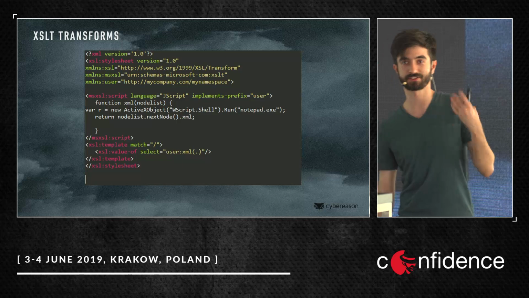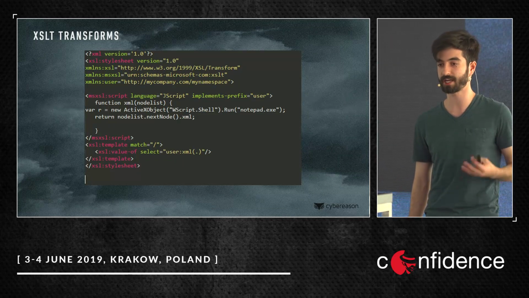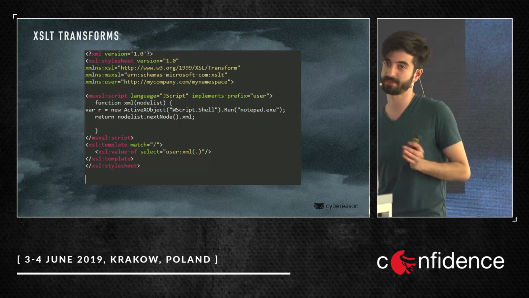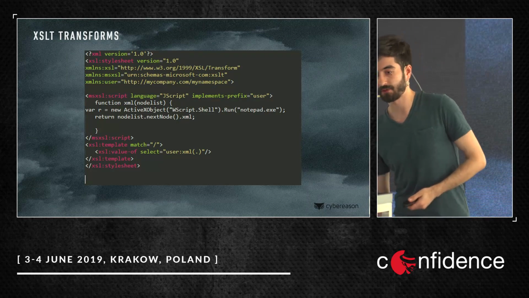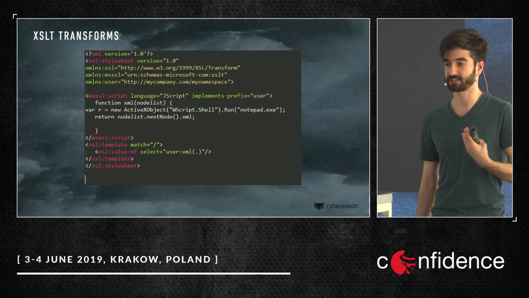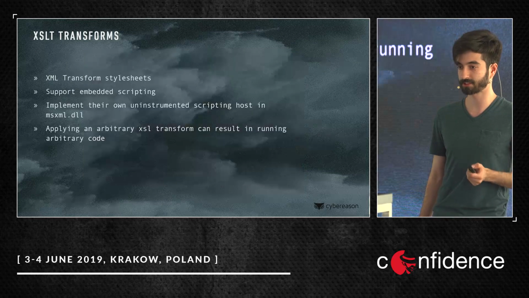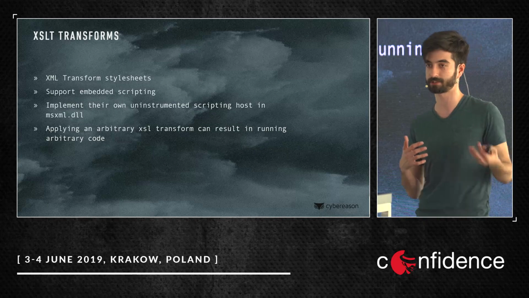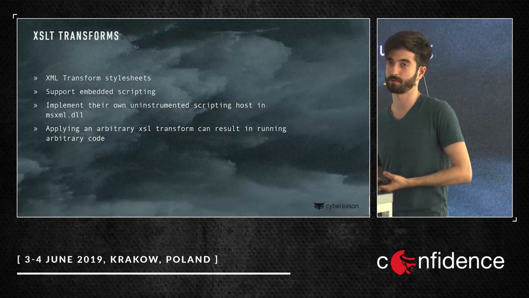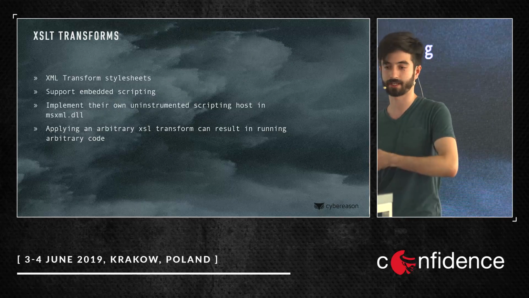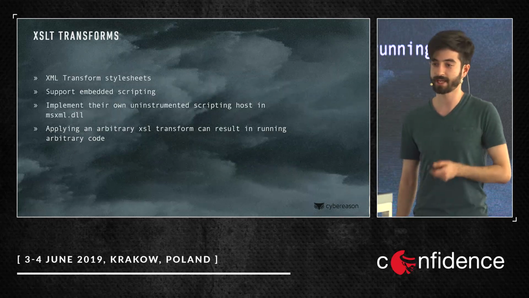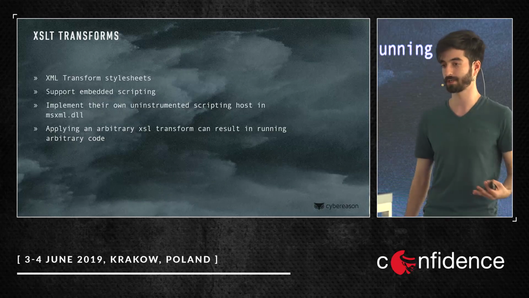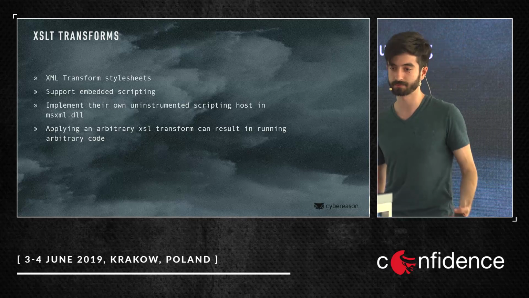Another scripting host that does not implement Device Guard is the Microsoft XML engine, which is implemented in MSXML 3 and 6. And these use what's called XSLT files. Now, XSLT is a format that's designed to help you transform XML files to another format, which could be XML, or it could be something else entirely. And XSLT actually supports embedded scripting, meaning that you can use JavaScript or VBScript or whatever to help you transform your XML.